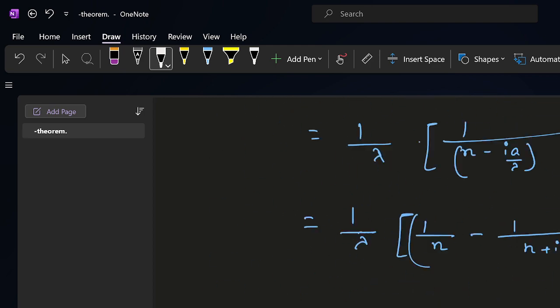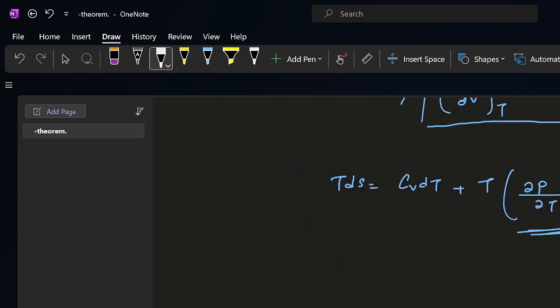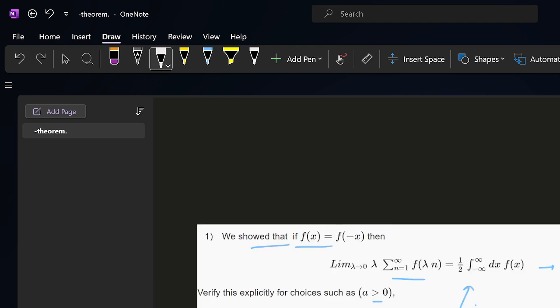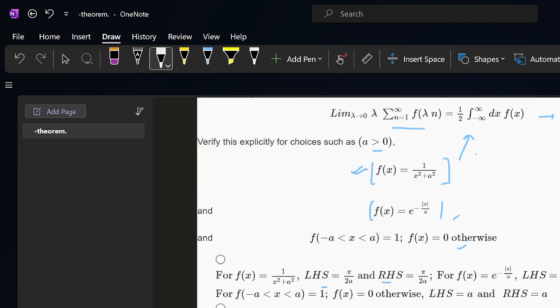Now I promised you that I'll do one part, and believe me, the remaining two functions are simpler than this calculation, so that will not be a problem for you. Just ensure that here also the functions are even, right? Because e to the power of minus mod x by a is an even function. And the function where f(x) is 1 for minus a to plus a and 0 otherwise is also an even function.